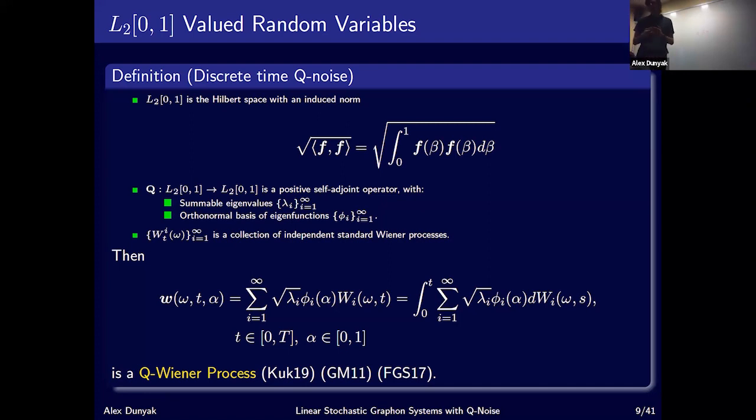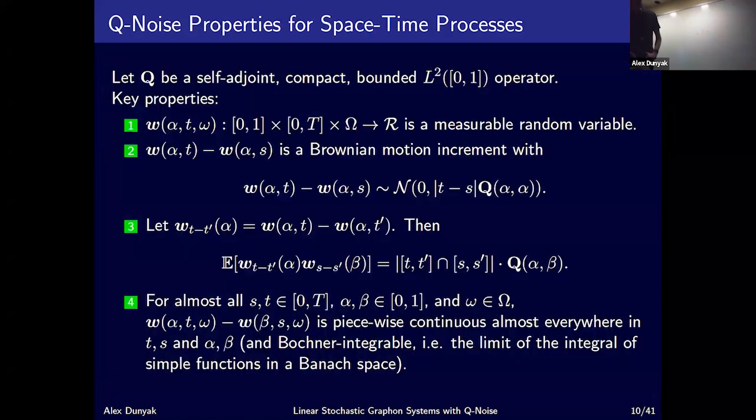Because of the scaling by the eigenvalues and the orthogonality of the eigenfunctions, this is a valid probability measure, and you can use it for stochastic calculus. In the literature, this is often called a Q-Wiener process. In our talk here, we're going to call it a Q-noise.